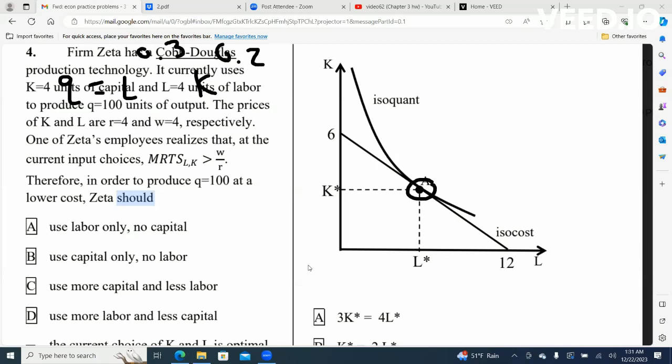Okay, so all of them have this. So what is this W over R? That's always from the isocost. From the isocost, we always have the slope of the isocost, which is going to be that.